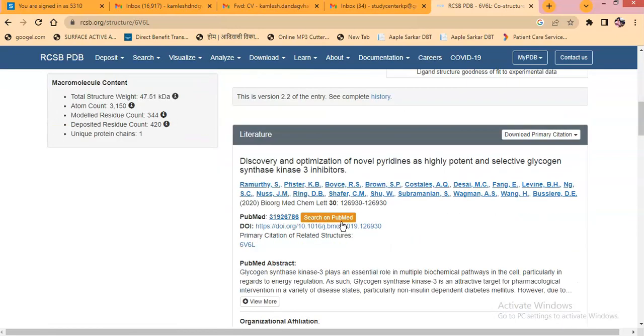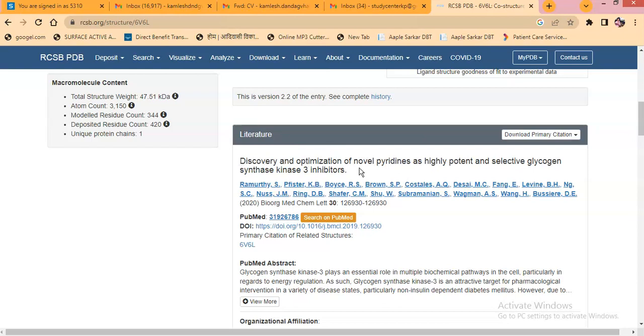But apart from that, one more advantage of using RCSB PDB is that they mention at least one literature in which your selected protein code is given.